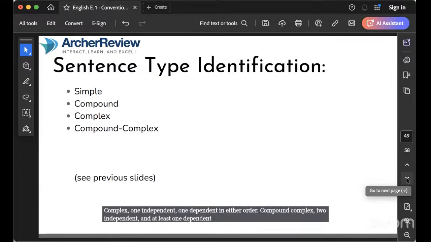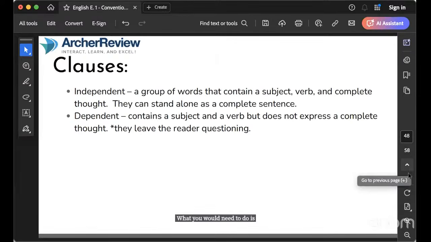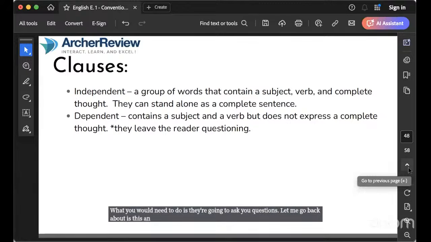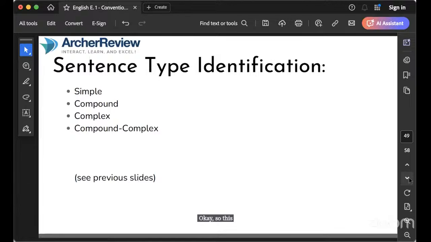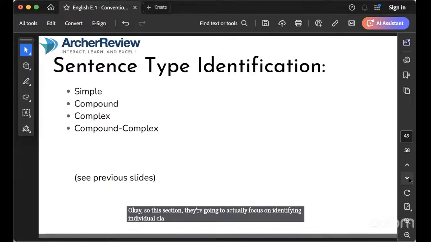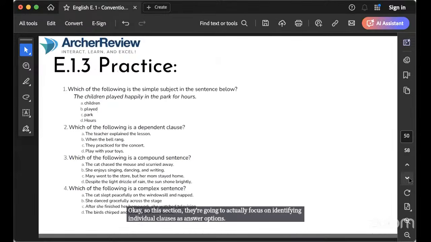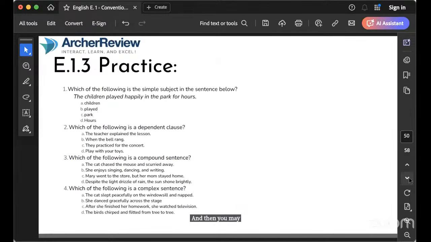For this section, they're going to ask you questions, like, is this an independent clause or is this a dependent clause? So in this section, they're going to focus on identifying individual clauses as answer options. And then you may have to identify different types of sentences.